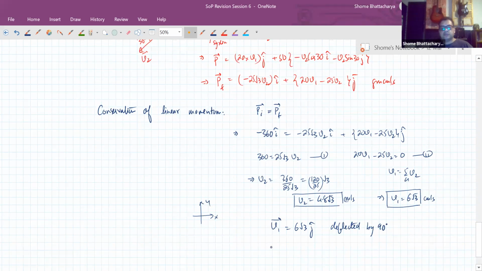And the final velocity for the second particle will be 48 root 3 into minus cos 30, because it's going in this direction, deflected by 30 degrees.